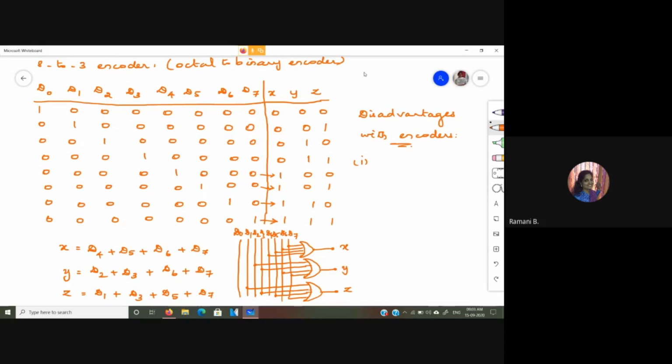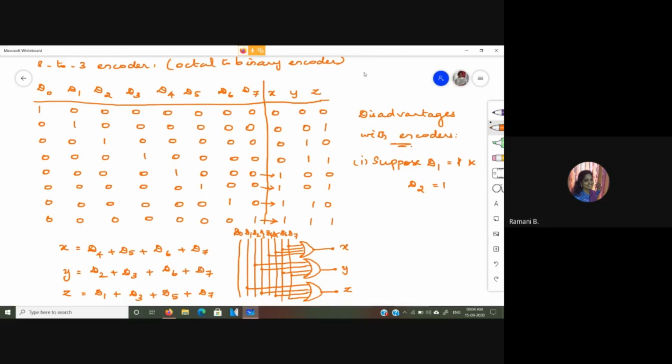That is what our encoder is. But if by mistake you are having 1 in, suppose D1 is equal to 1 and D2 is also equal to 1. This is happening by some error.